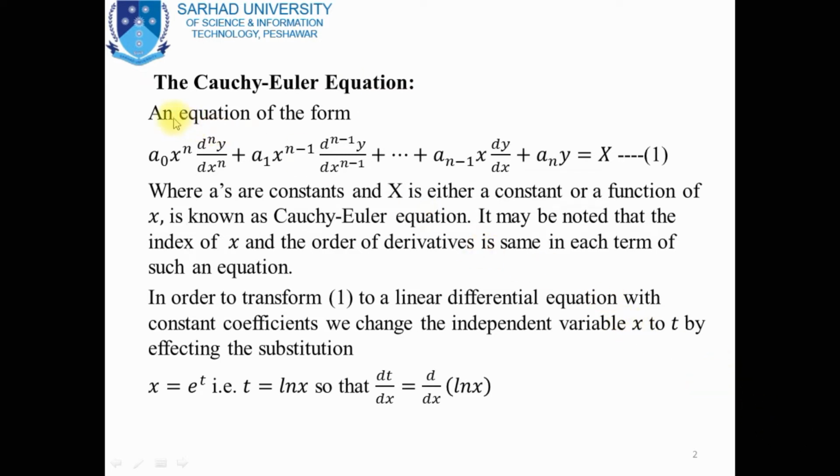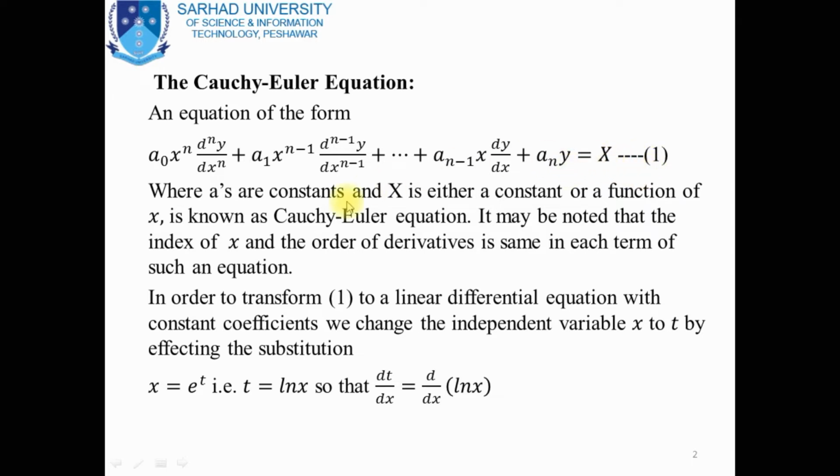An equation of the form a0 x^n d^n y/dx^n plus a1 x^(n-1) d^(n-1)y/dx^(n-1) plus and so on plus a(n-1) x dy/dx plus an y is equal to X. This is equation number 1.